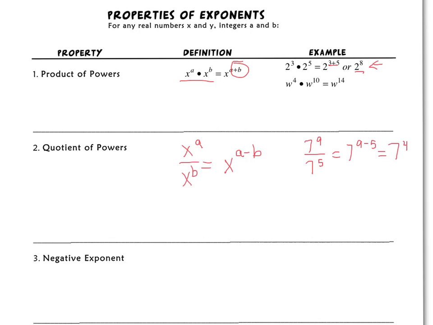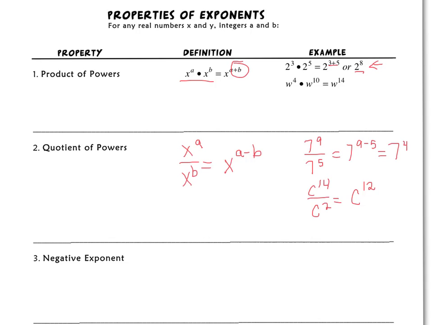Now 7 to the 4th would be 7 times 7, so 49 times another 49. Those numbers are too big for you to have to worry about. So if the number's pretty large, you don't have to worry about actually evaluating what that would equal. Now with variables, if I had c to the 14th over c to the 2nd, again, I just subtract the exponents and it would be c to the 12th.